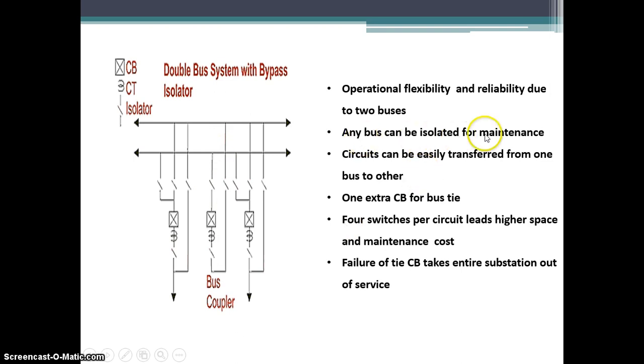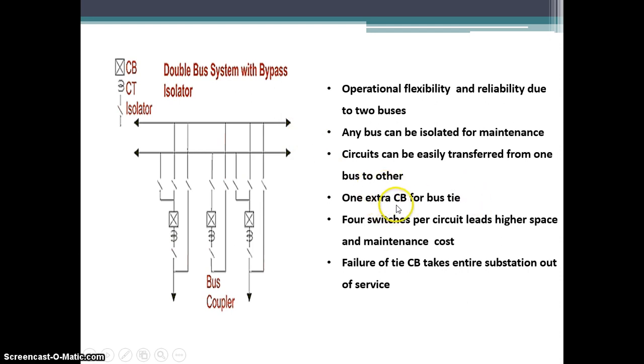Any bus can be isolated for maintenance. So here is the main point, that we can use any of the bus during the maintenance, and the shutdown of the system will not occur. So any of the feeder which is taking load from either of the buses can be transferred to one bus during the maintenance activity of the other.